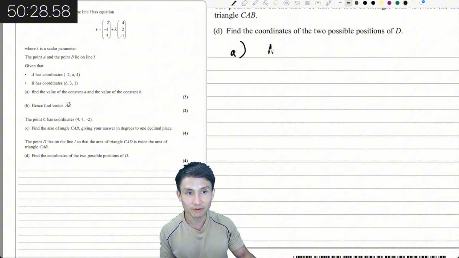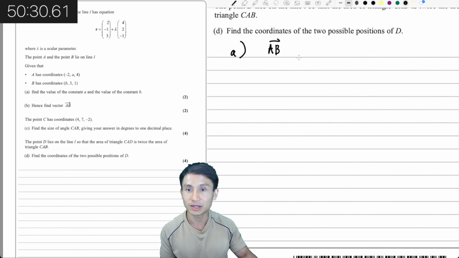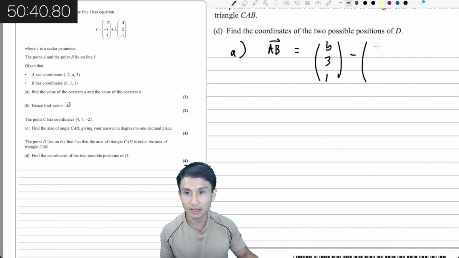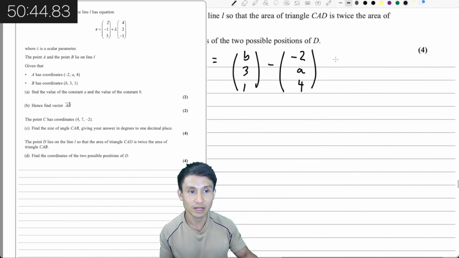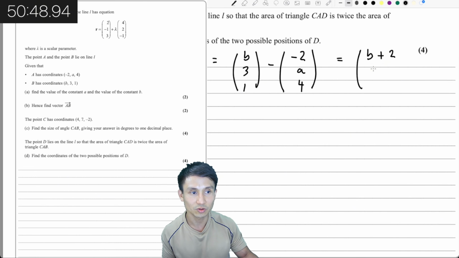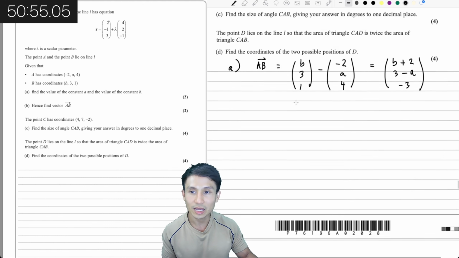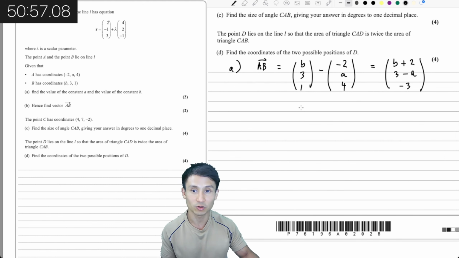So I'm guessing we can find AB here, and we call that vector B, which is the one that goes into 4, 2, and minus 1, right? So this is B minus A. So this is vector AB. And I'm going to get B plus 2, 3 plus 3 minus A, and 1 minus 4 is minus 3. We can equate that into the 4, 2, minus 1.